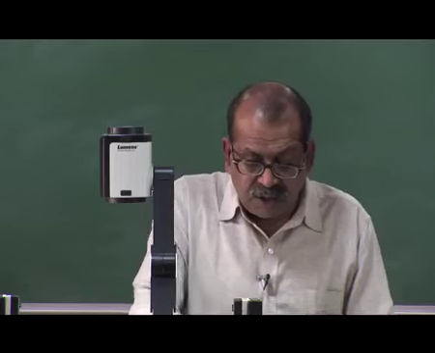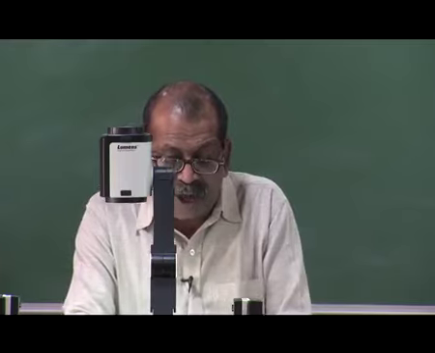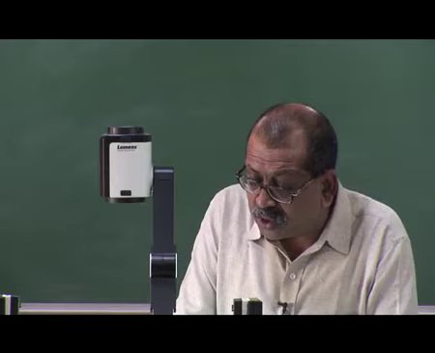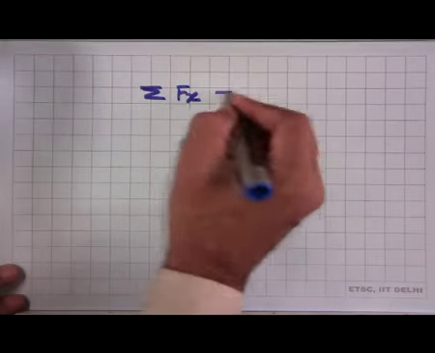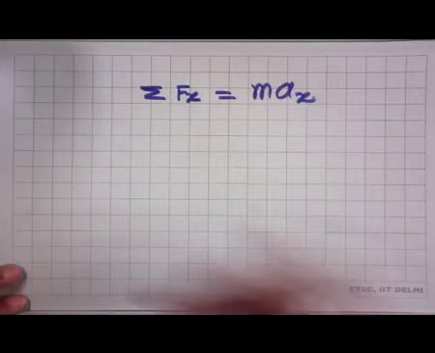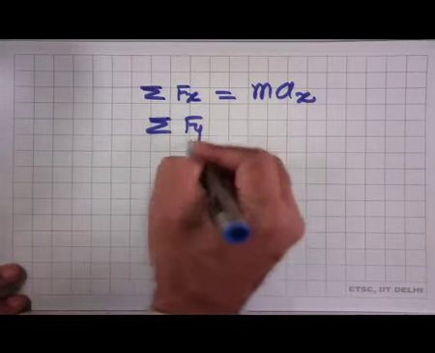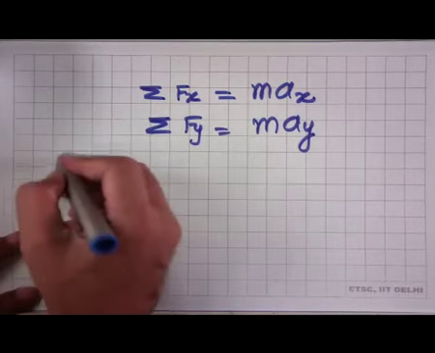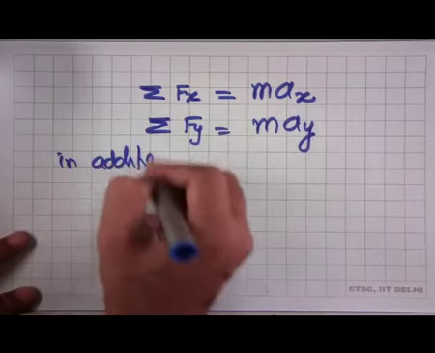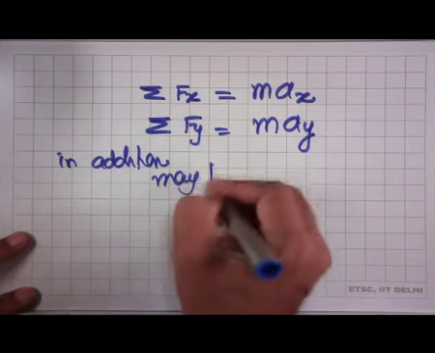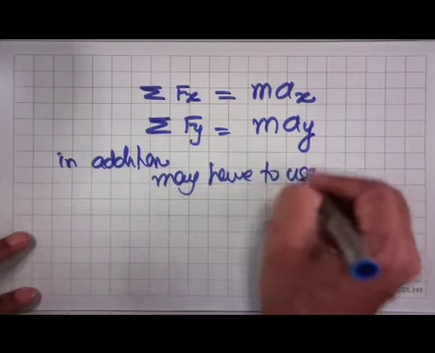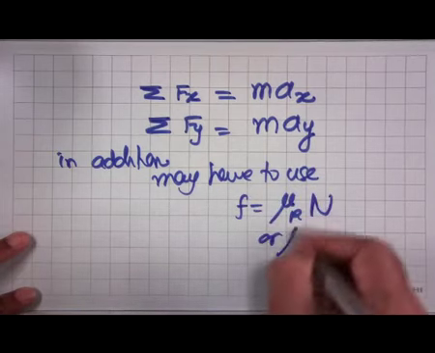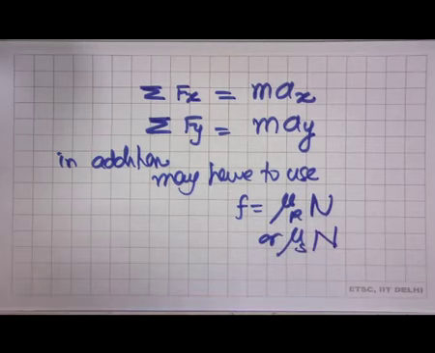So, this is how one uses a free body diagram to solve the problems. Once again, the basic equations to be used are sum of forces in the x direction is equal to mass times acceleration in the x direction, sum of forces in the y direction is equal to mass times acceleration in the y direction, and in addition we may have to use friction force is equal to mu k N or mu s N to solve the problem.